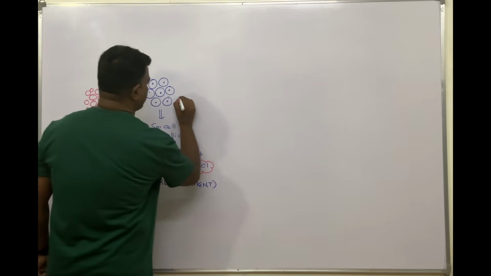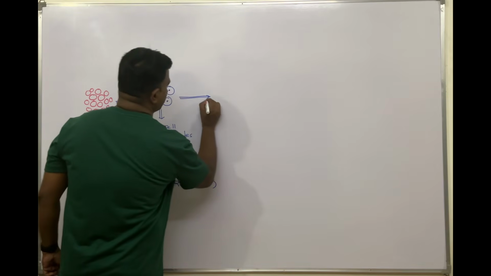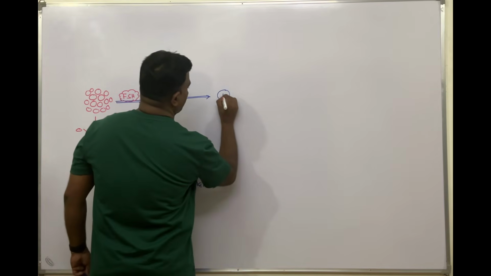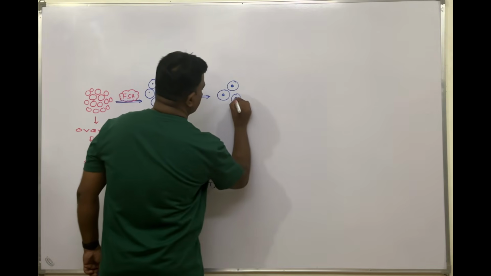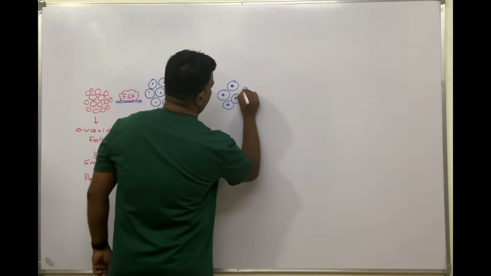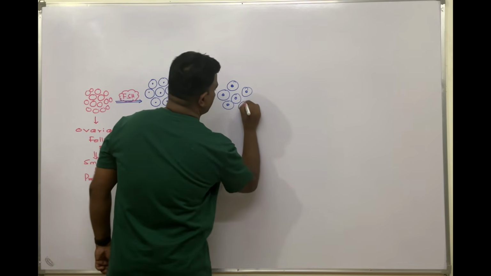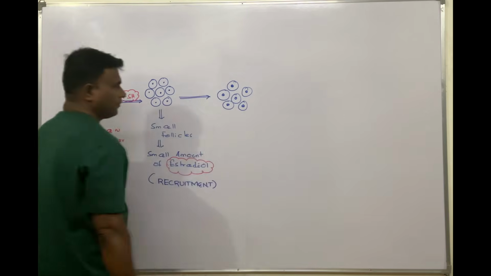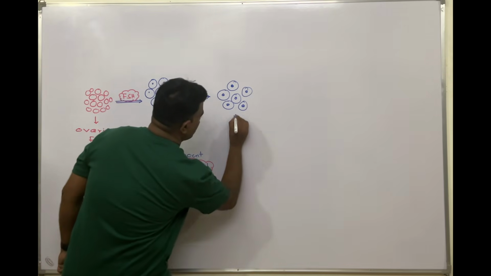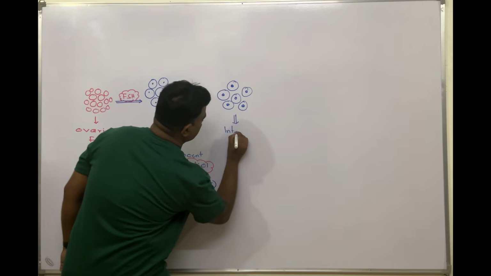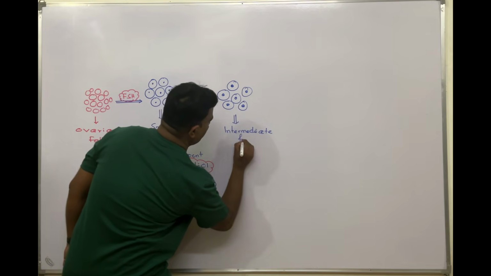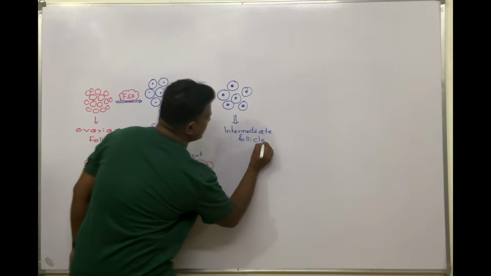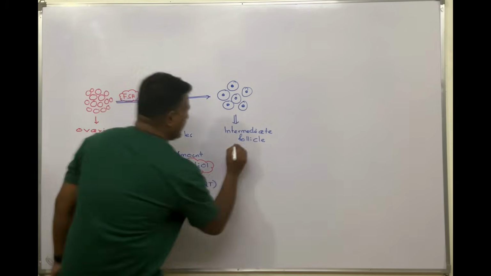Now see the next stage. In the next stage, the follicles become larger. Their number is becoming less, but the size is becoming larger. These are intermediate follicles, a little bit larger compared to the previous ones.